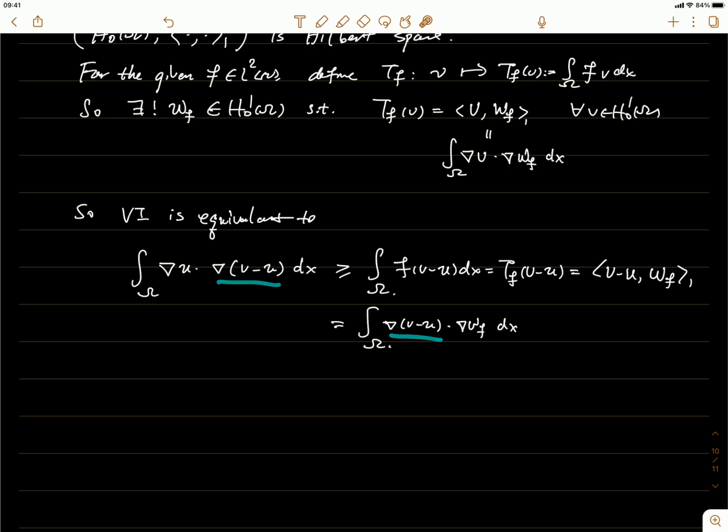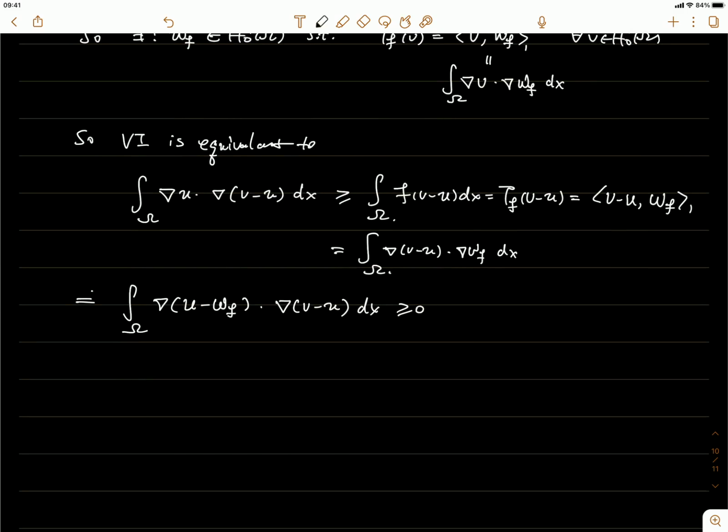So this means that I have the gradient of u minus the gradient of wf, or I can rewrite this as the gradient of u minus wf, inner product with the gradient of v minus u, dx, greater than or equal to 0. Okay, this is equivalent to that.